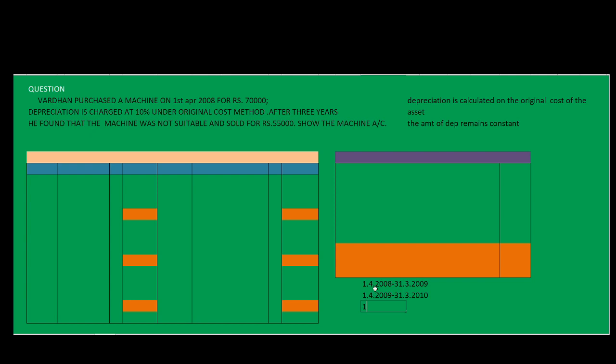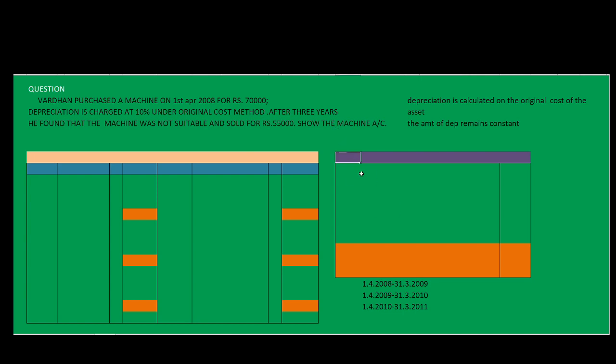Then on 1st April 2010, the financial year starts and it ends on 31st March 2011. So these are the 3 financial years for which we are going to prepare the machine account, and after completion of this 31st March, they are going to sell the asset as per the instruction in the question.